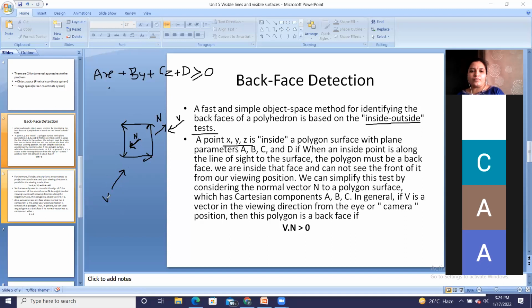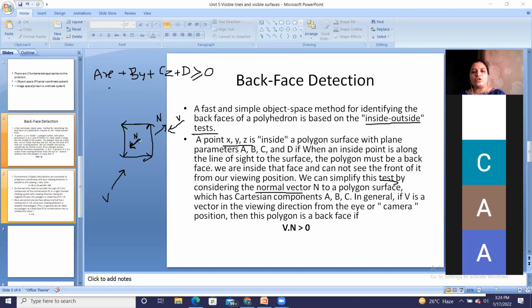So when the normal vector n is tested and pointing towards the viewer, in general, if V is the vector in the viewing direction from the eye or camera, then the normal into viewing vector, if it is greater than 0, that face is considered a back face.